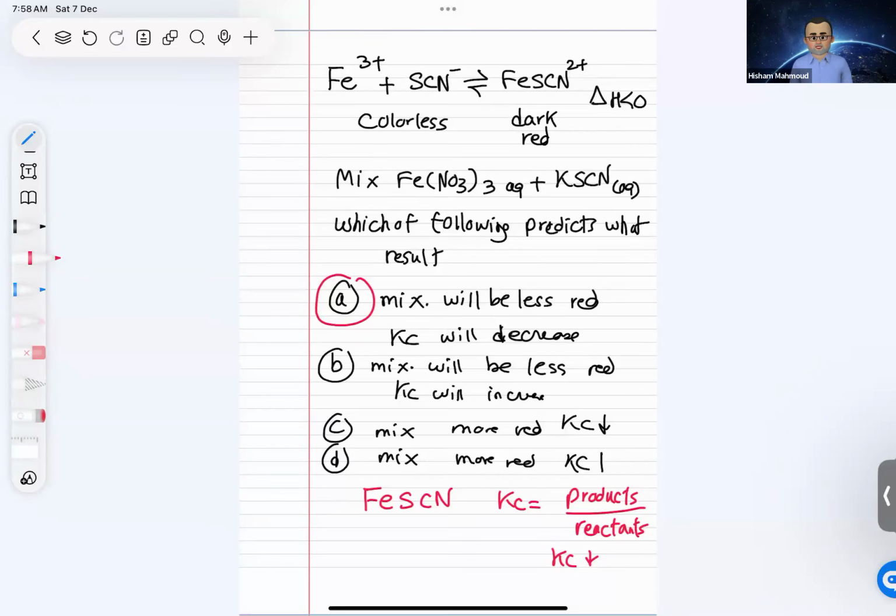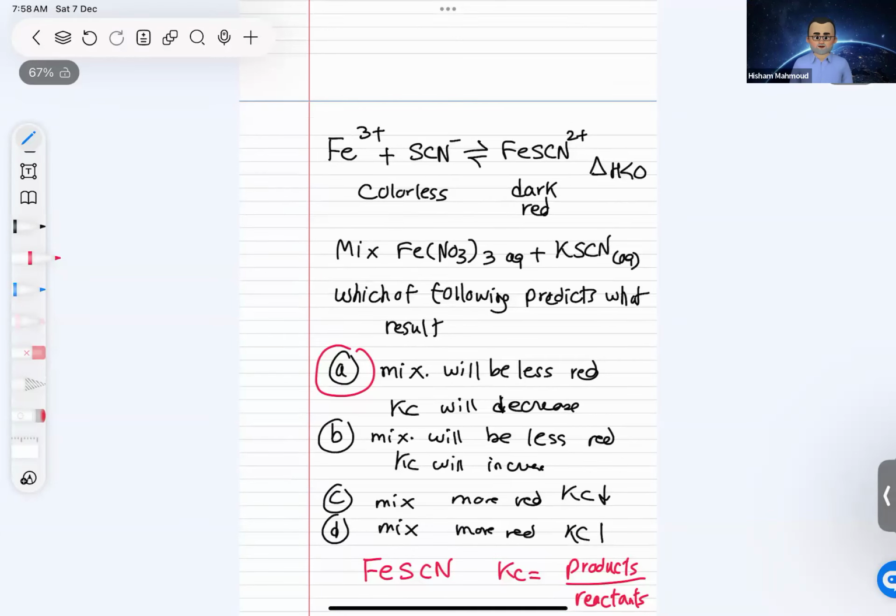So how is this happening again? When you add FeNO3 with KSCN, you will form FeSCN2+, and this increases the concentration of products, so the reaction will try to go left more to balance this equilibrium.